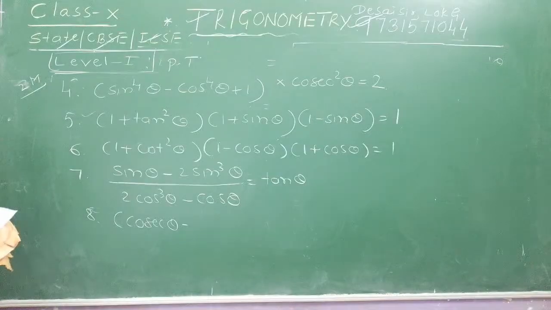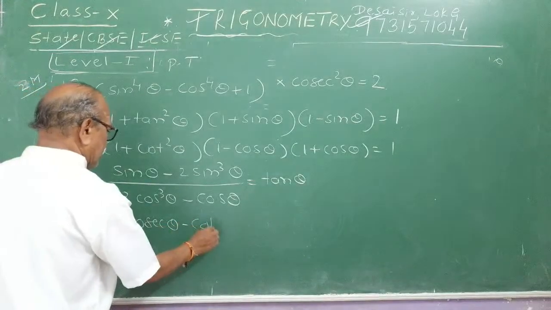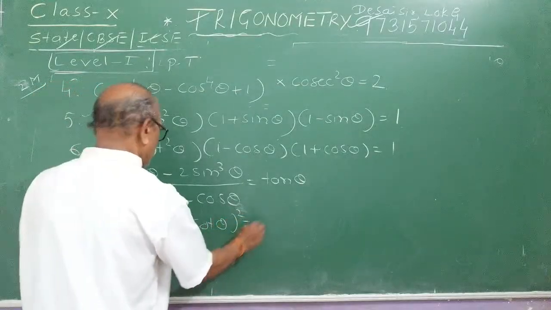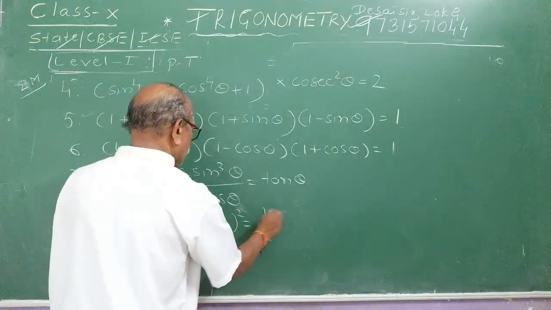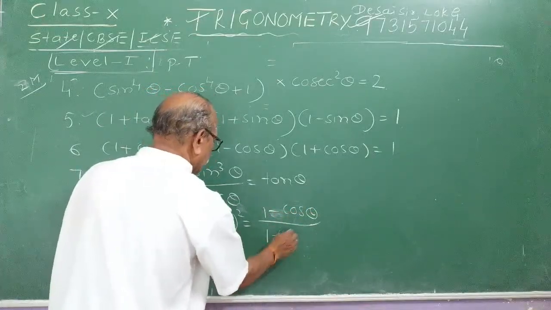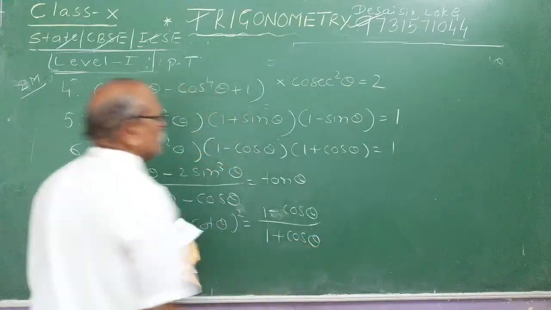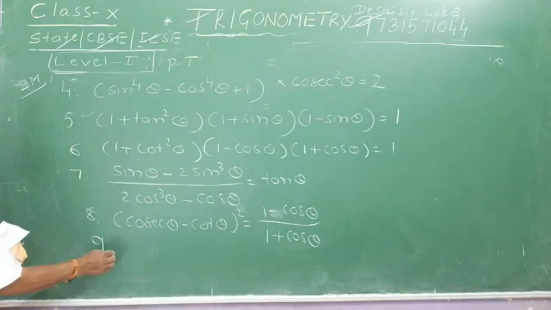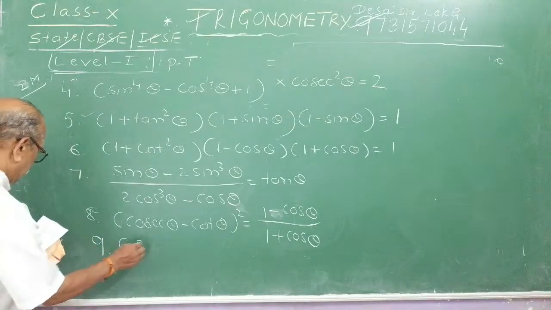Cosec theta minus cot theta whole square is equal to 1 minus cos theta, because you should know all the identities, then you start solving them. Ninth question, I will give up to 10.